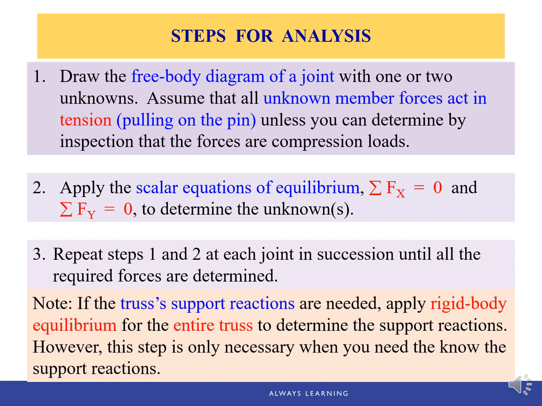If the truss support reactions are needed, we need to apply rigid body equilibrium for the entire truss to determine the support reactions first. However, this step is only necessary when we need to know the support reactions.